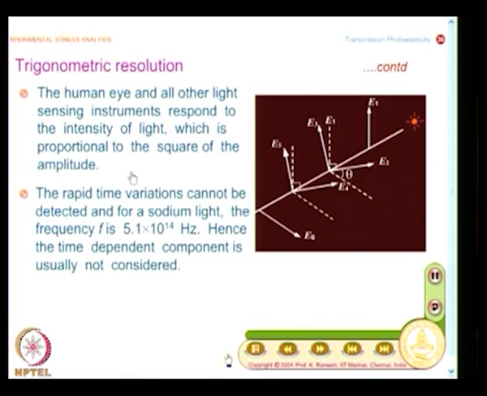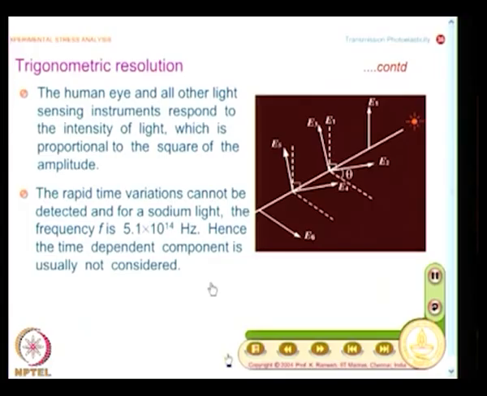So, we have got E6; we will look at this E6 expression and we will square the amplitude and find out what that expression gives. That will give you, beautifully, an explanation of what we see as fringes in a plane polariscope.